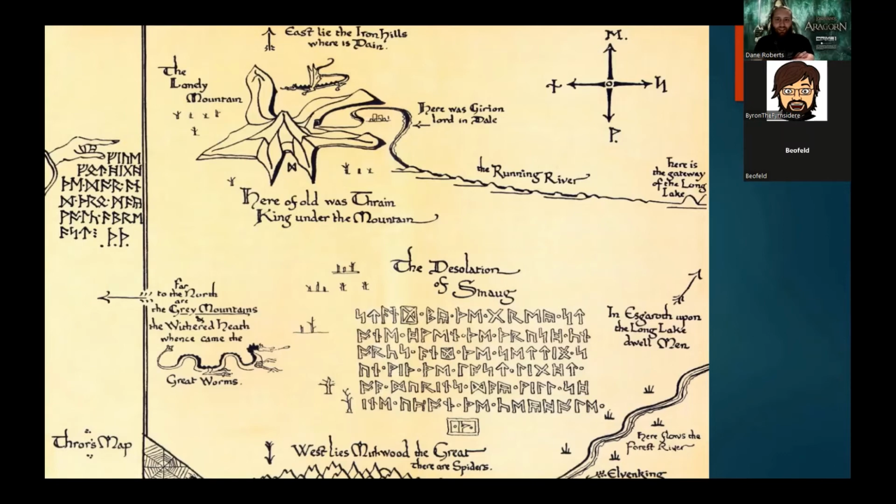Yeah. But Beofeld even pointed out one time how, as a kid, that's what got him into runes was the Hobbit, and then him wanting to write everything in runes.